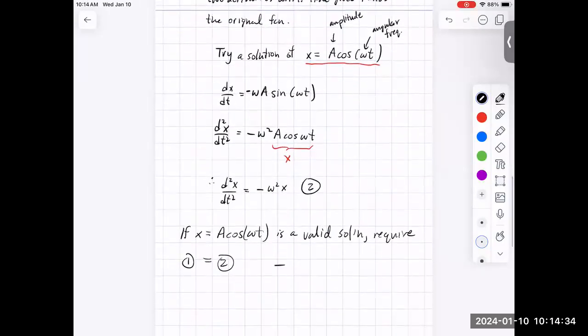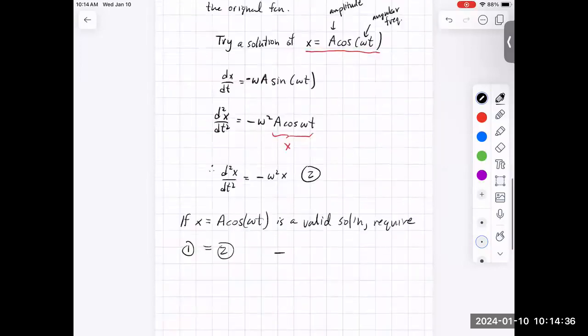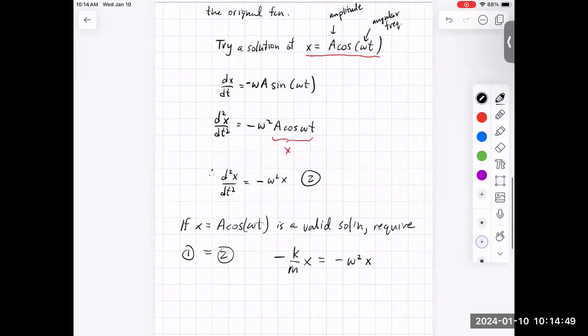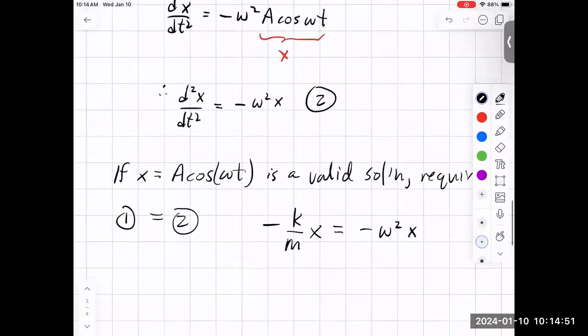So we have minus k over m times x must be equal to equation 2, which has a minus omega squared times x. Okay, good.